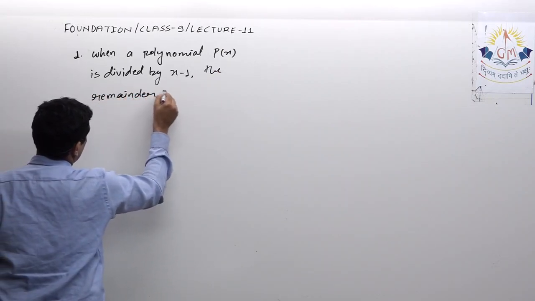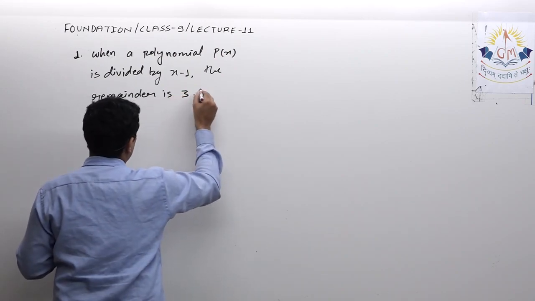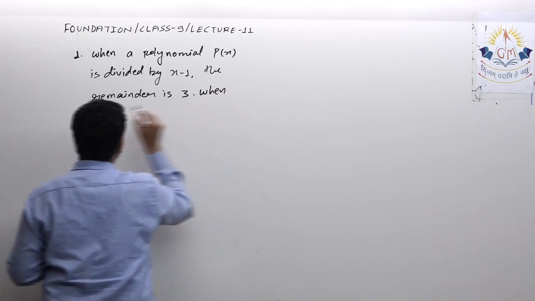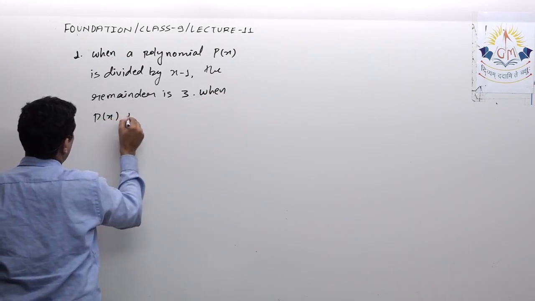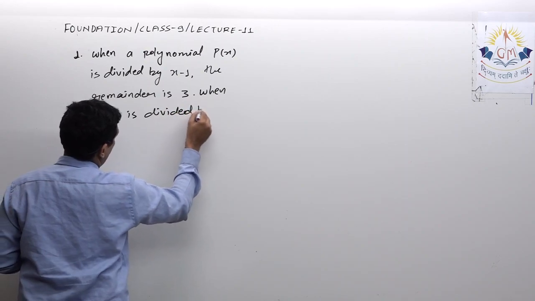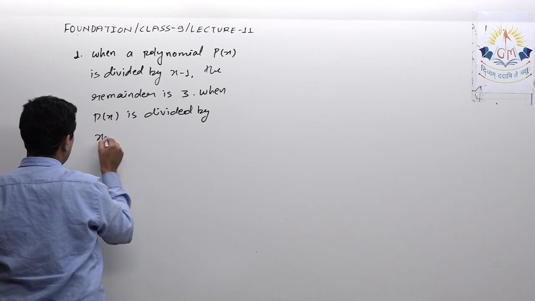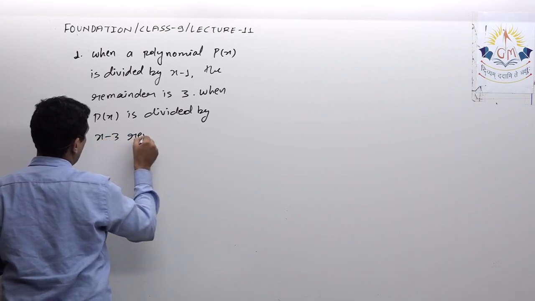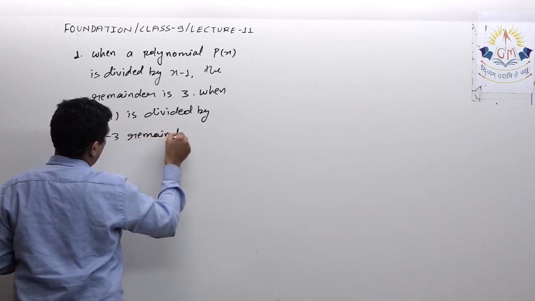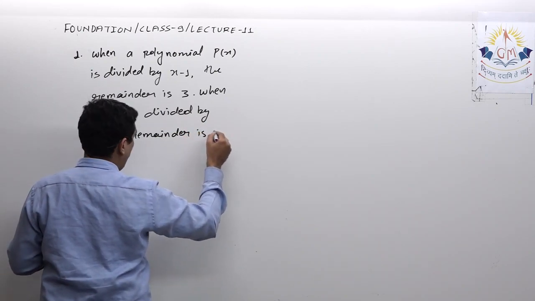When p(x) is divided by x minus 3, the remainder is 5.